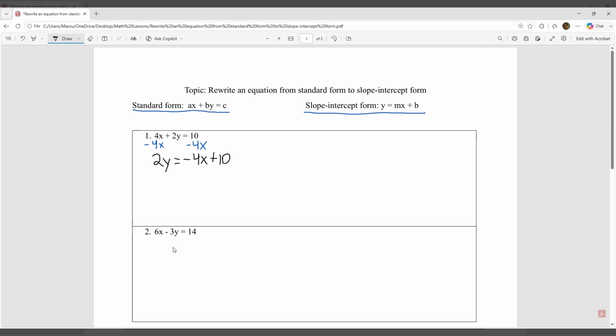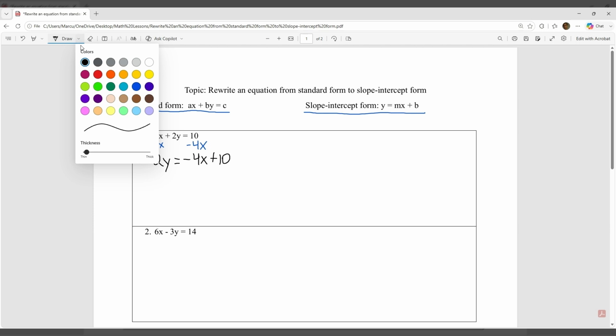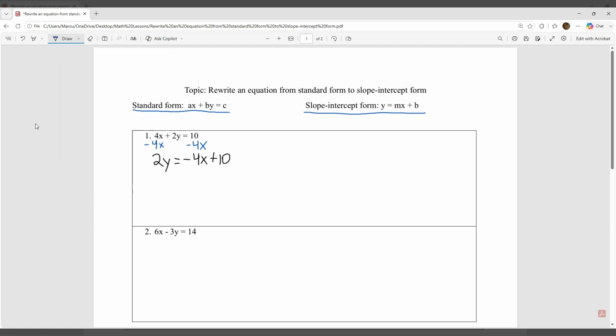We are not done here because the y is not alone. There's a 2 in there, so we have to remove the 2. In order to remove the 2, we're going to divide everything by 2. All terms by 2, like this. So once you do that, 2 divided by 2 is 1, so now you have the y alone, because 1y is just y.